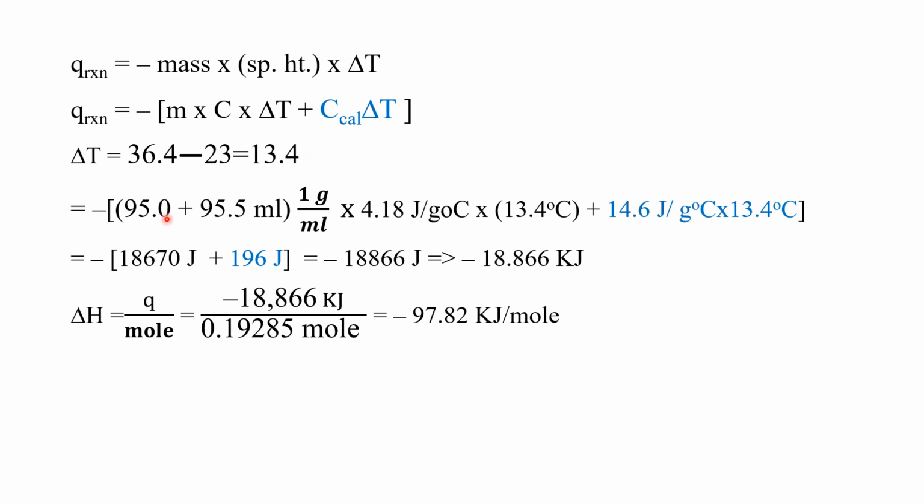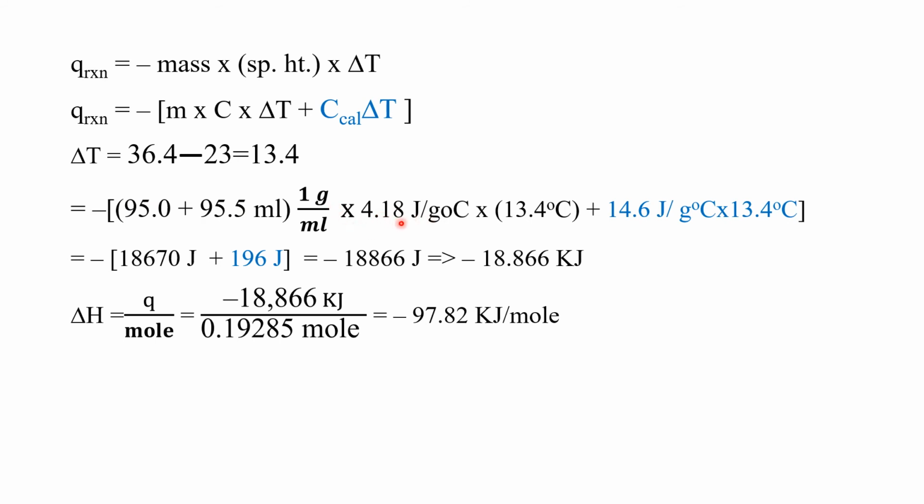Okay, so the mass of the reaction mixture will be the sum of the volume. Yung isang reactant is 95, the other is 95.5. We add them together, then we multiply by density. So we assume that the density of water is 1 gram per ml so that we can cancel out ml at magiging gram na to since mass ang pinag-usapan.